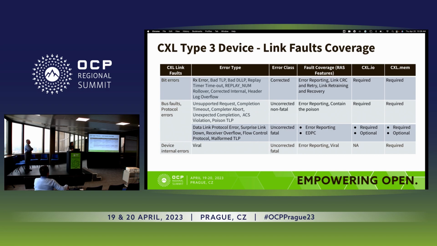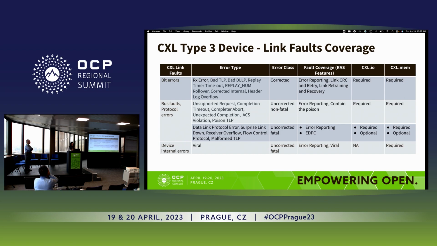The next one is uncorrectable non-fatal and fatal errors. These are poisoned TLPs or malformed TLPs. These can be identified and contained using the poison bit for both CXL.io and CXL.mem, and error reporting is also covered very well in the spec.